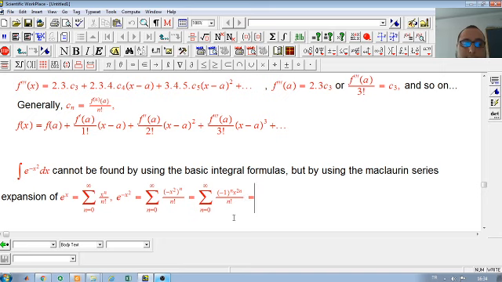Explicitly it can be written as: if you write 0 for n we get 1, so we have 1.